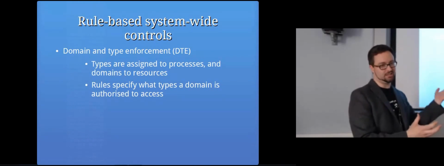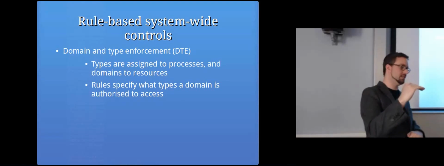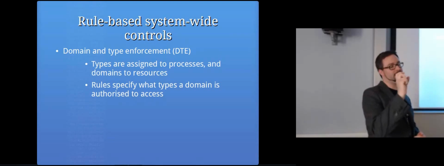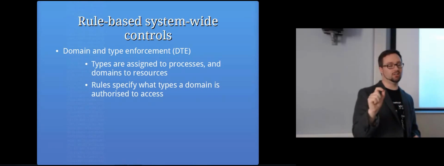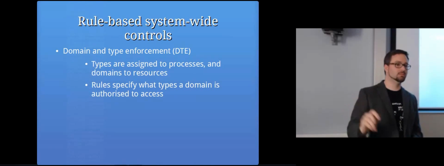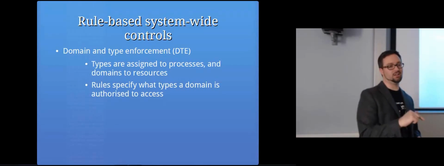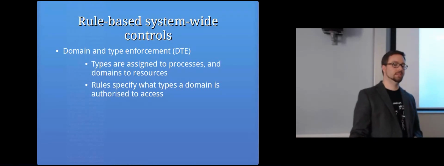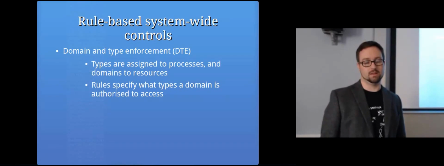When the program Apache starts, it has the domain Apache, and then you have a file that has a policy in it that describes the fact that the Apache domain is allowed to access files that are labeled www, for example. And you probably wouldn't give it permission to access files that are labeled home directory. So that's how domain and type enforcement works.